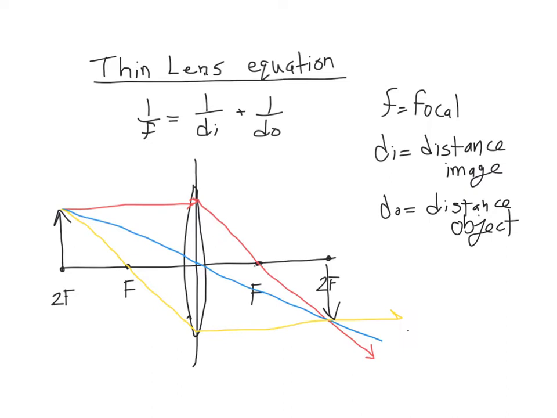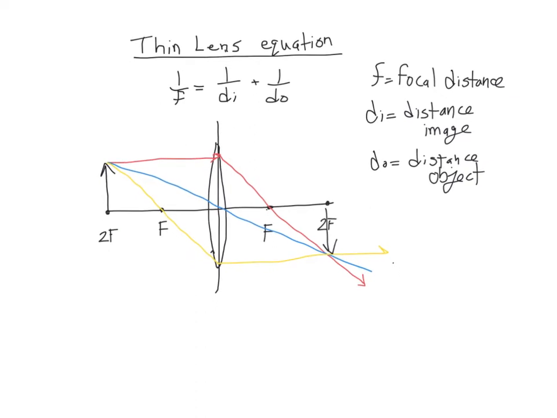So the first one is the focal distance. I should clarify distance. When we're talking about distance, we are referring to the distance between the point of interest and that vertical axis through the middle. So when we're talking about focal distance, we would be talking about this distance right here.